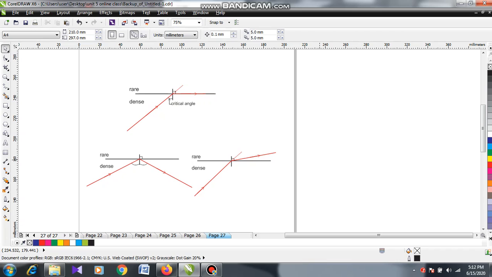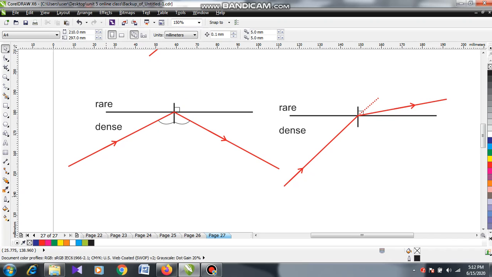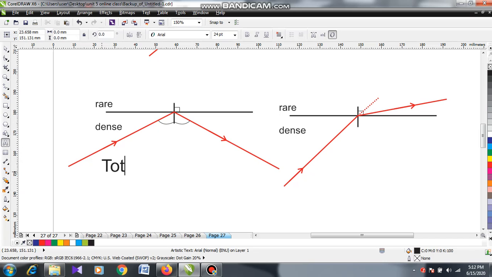If the angle of incidence is greater than the critical angle, it will undergo reflection, and it is called by the name total internal reflection.